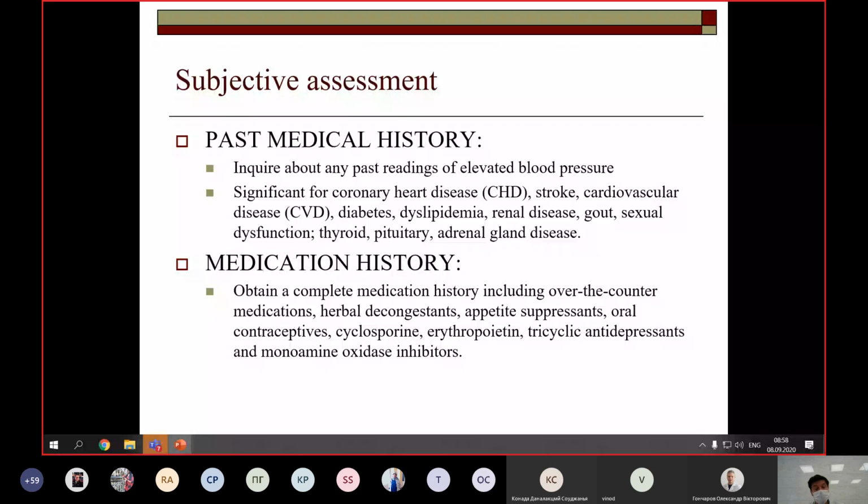For medication history, you have to obtain the complete history, including over-the-counter medications, herbal remedies, decongestants, appetite suppressors, oral contraceptives, cyclosporine, erythropoietin, and other drugs that directly increase BP or can lead to increased cardiovascular risk as well.